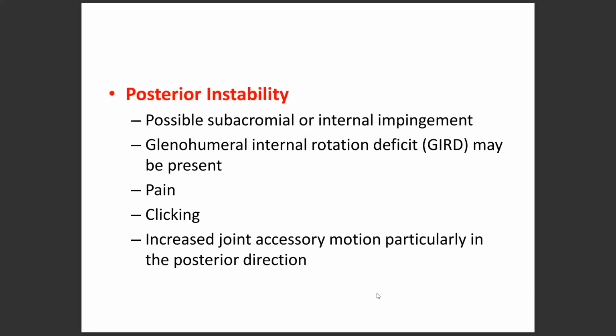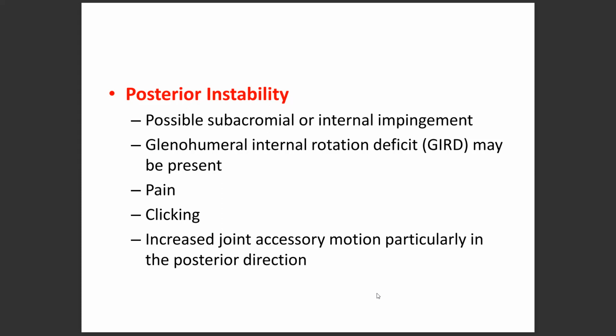Now, what will be the symptoms of the posterior instability? Posterior instability, as compared to anterior instability, is very rare, almost 2 to 3% of all the instability. Possible subacromial or internal impingement may be present. In posterior instability, GIRD, which means glenohumeral internal rotation deficit, may be present.